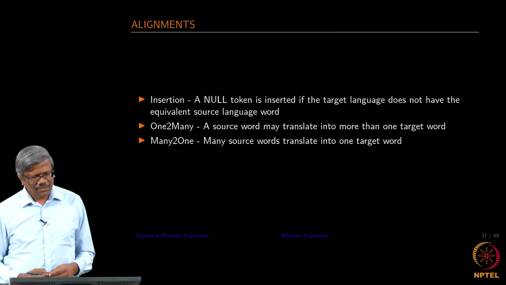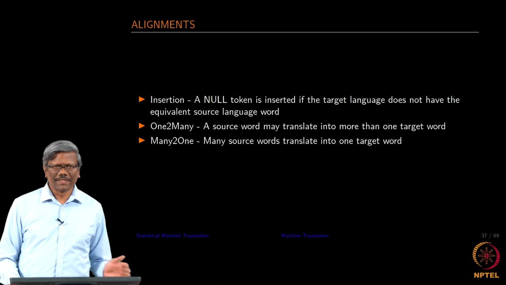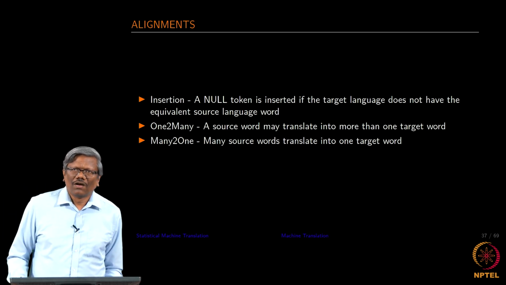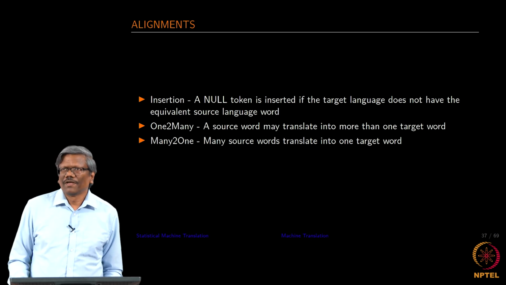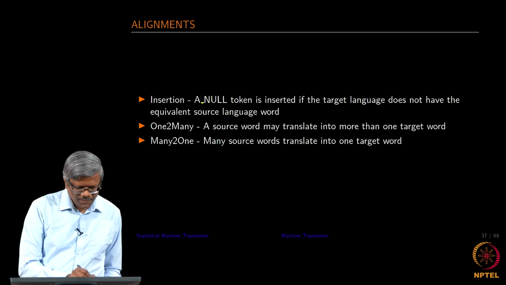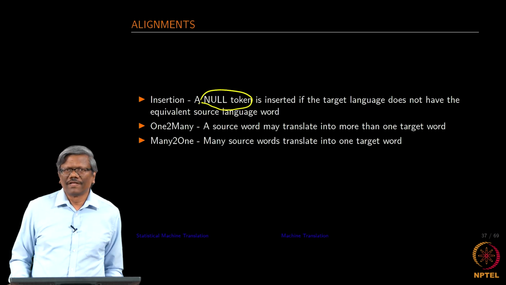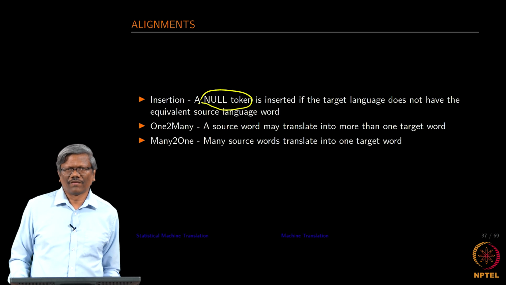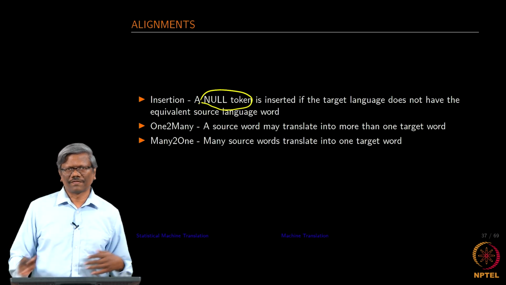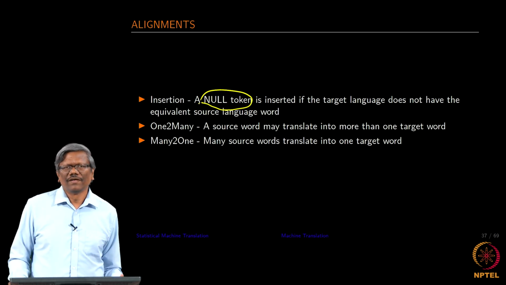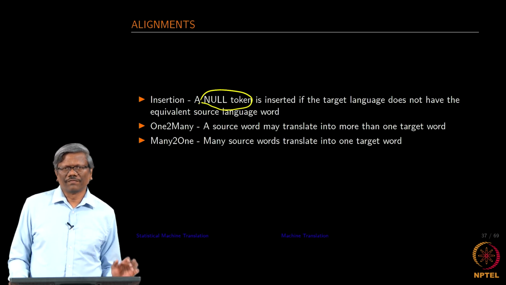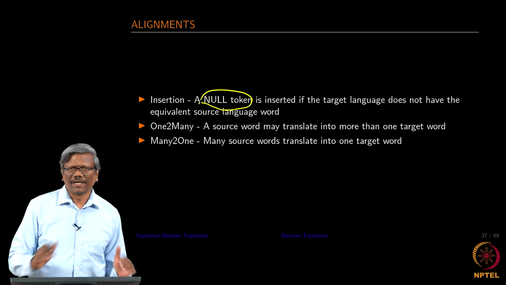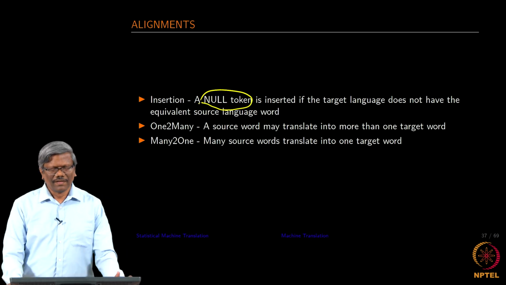Okay. So, we have seen the alignments in general. It is possible for you to insert a null token. For example, if there is no equivalent word in English or no equivalent word in French, when you are translating from one to the other, we would like to associate one of those tokens with the null token, so that we can include that count as part of it.